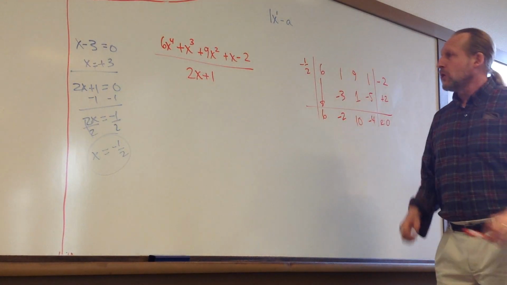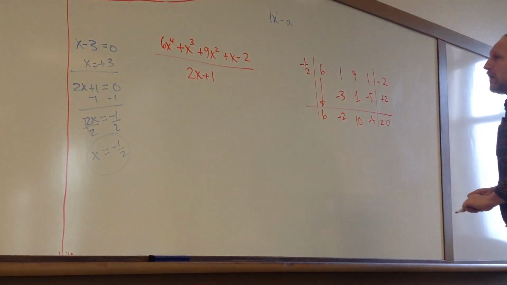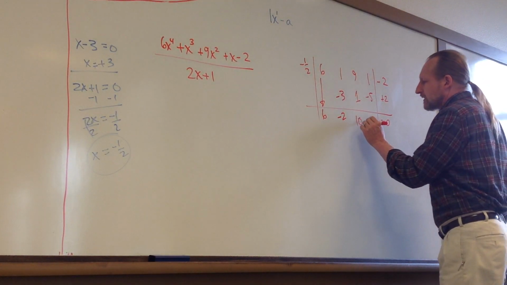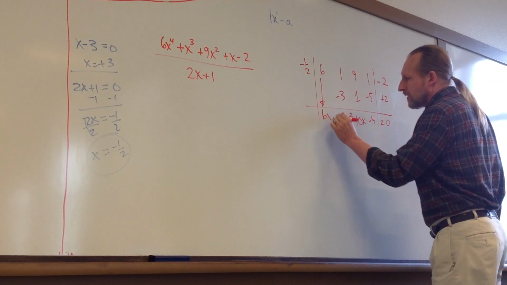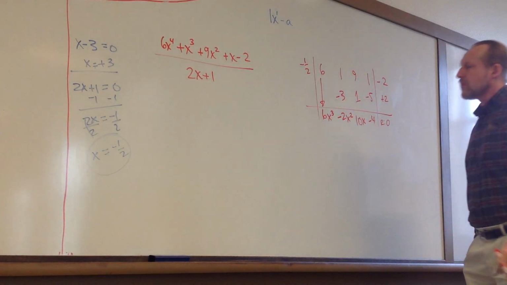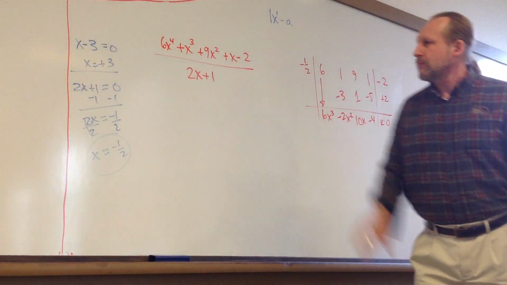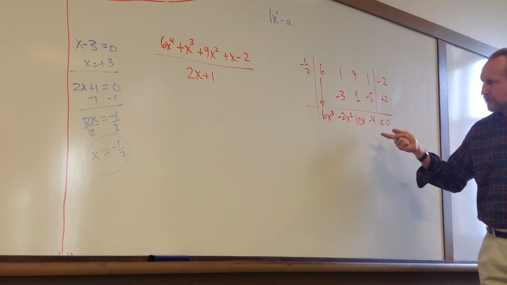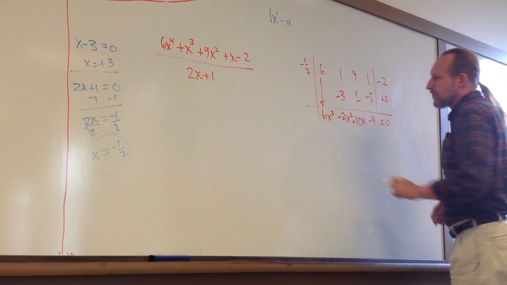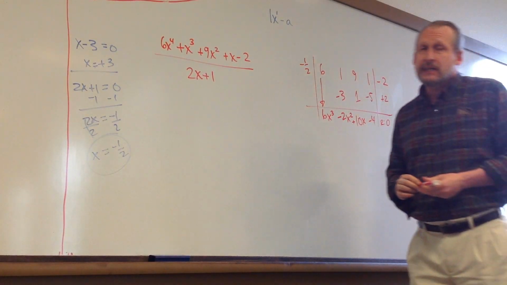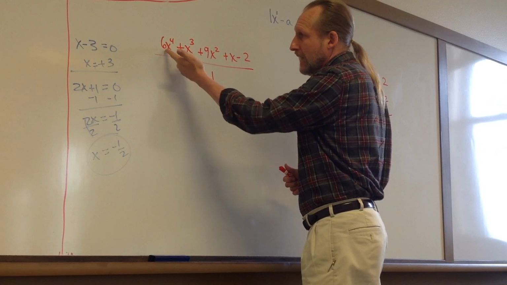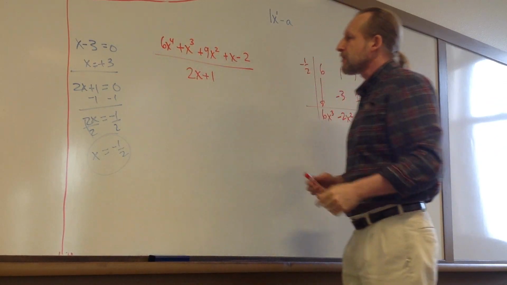Okay? So what's going on here? Well, let me put the powers of x in here. X, x squared, x to the third. So the answer to this question right here is not 6x cubed minus 2x squared plus 10x minus 4. Okay? I mean, you can see that if you did the long division, your first coefficient should actually be a 3, right?